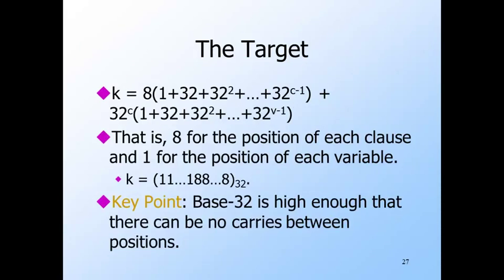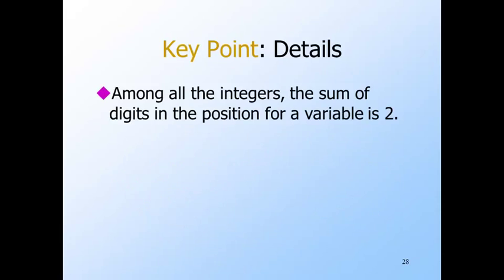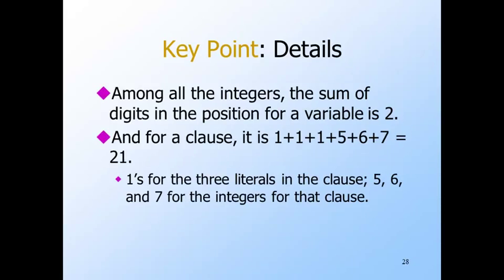We claim that when we add a subset of the 2V plus 3C integers, there cannot be any carries from one place to the next higher place. We'll see why on the next slide. In the high order positions, only 2 integers have a 1 in any position, so there can be no carries there. For the low order positions corresponding to the clauses, each position has integers with 5, 6, and 7 there. Even if all 3 are in the selected set, that's only 18, not enough.